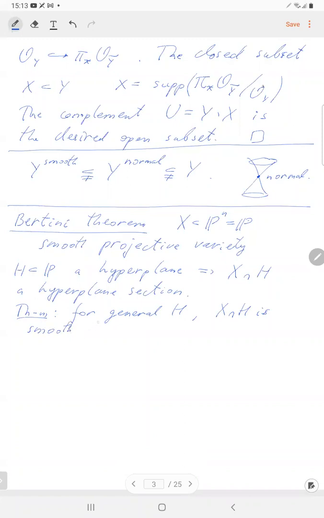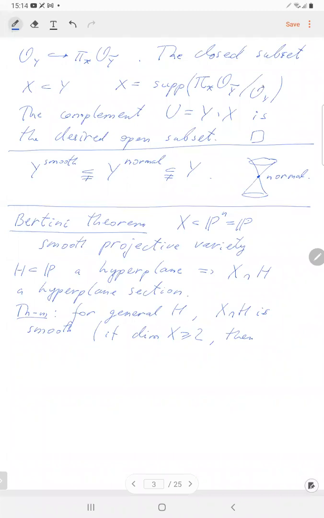And in fact, if X was not a curve, then this intersection is irreducible, equivalently connected, because you know that a point at the intersection of two irreducible components cannot be smooth. So since we know that it's smooth, then its irreducibility is equivalent to its connectedness.